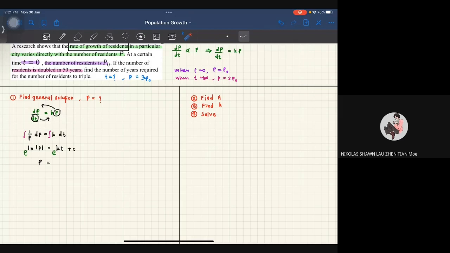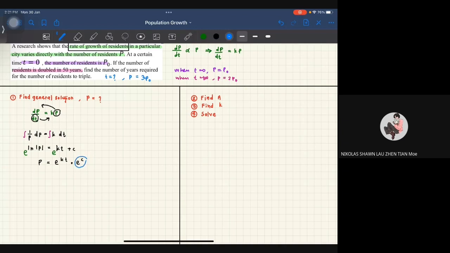Kita boleh kasih pisah. Okay, good. Alright, so kita kasih pisah dia. So awak dapat E power of KT and then pisah dia jadi darab E power of C. Okay, so sekarang kalau ikutkan this one at the back, exponential power of C, it is a constant. So saya nak tukarkan this constant into other alphabet.